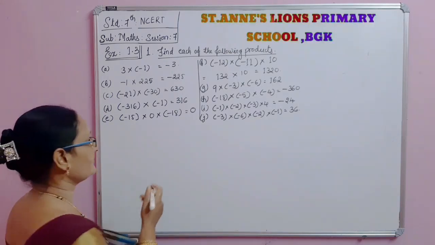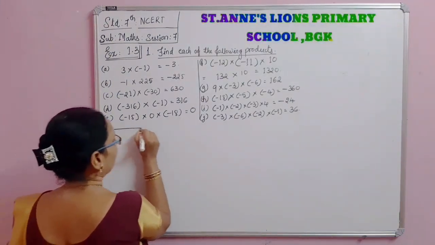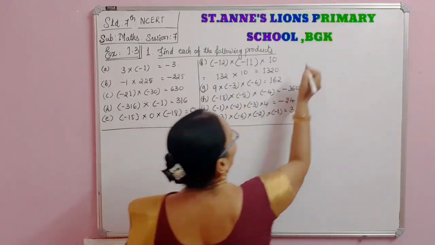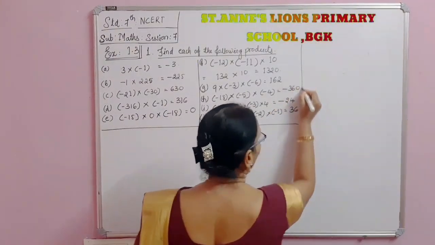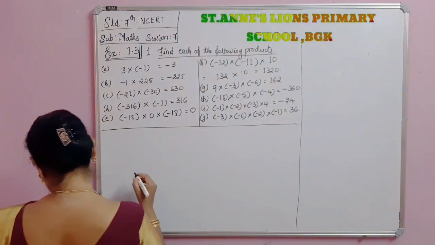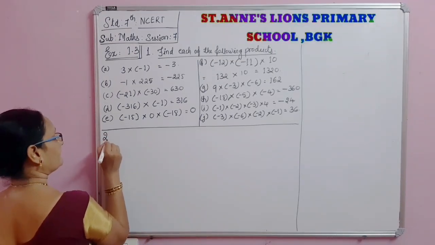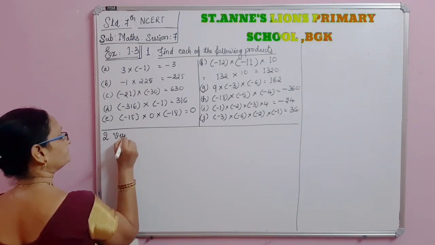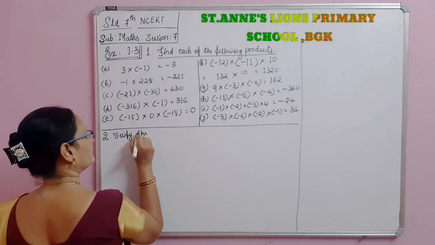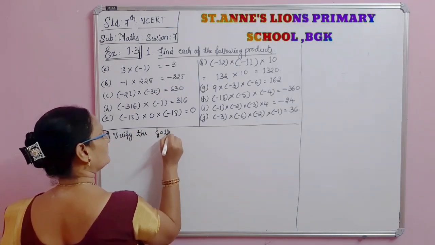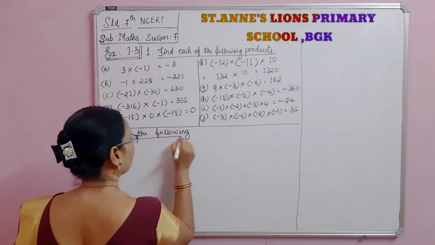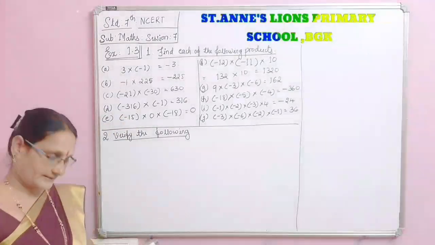Now the second main: verify the following. We have to verify the LHS and RHS here.